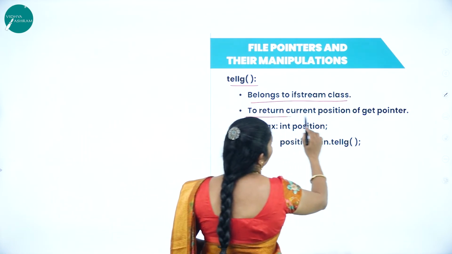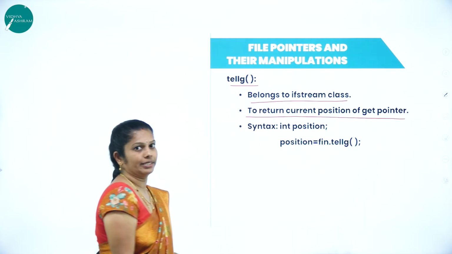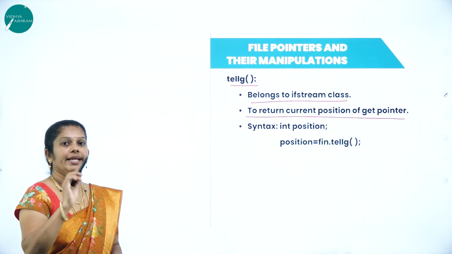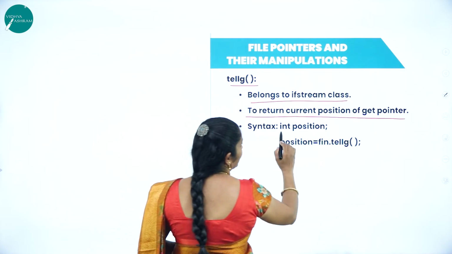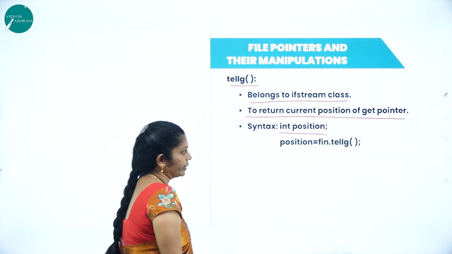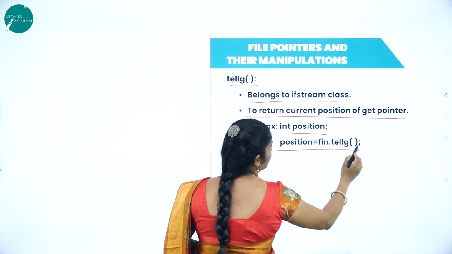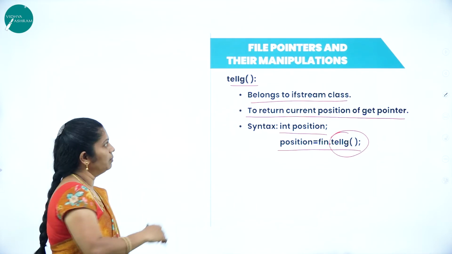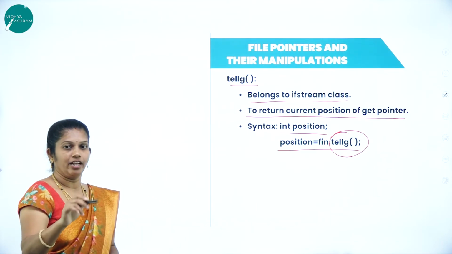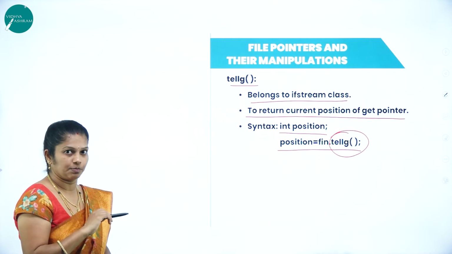It returns the current position of the get pointer, where exactly the get pointer is present, that position it will tell you. The syntax: int position, then position equals fin.tellg(). Whereas if you observe, tellg tells you where exactly the get pointer, that is the reading pointer, is present.